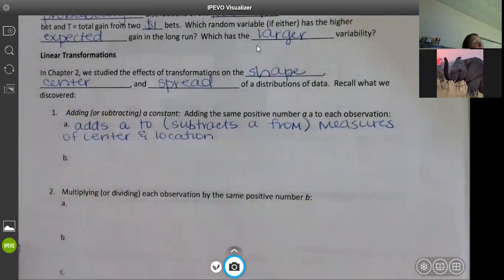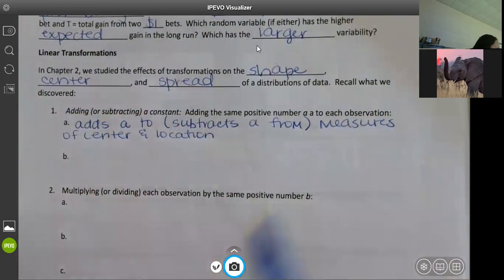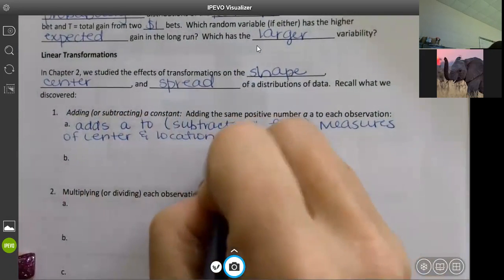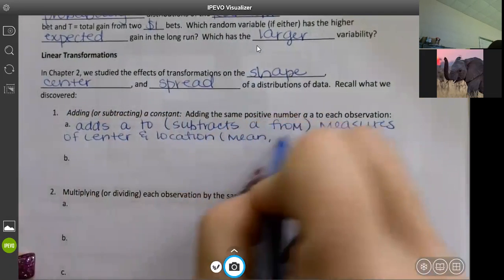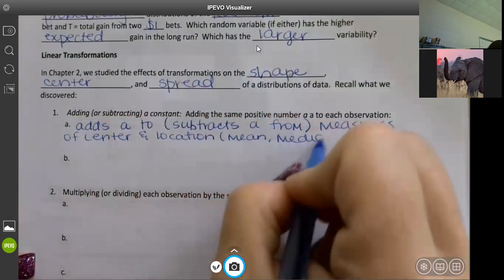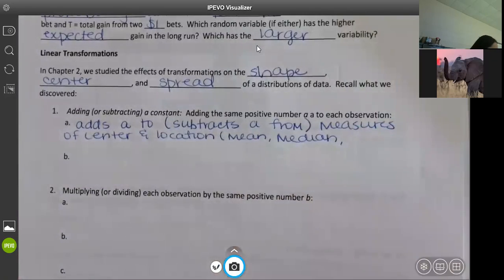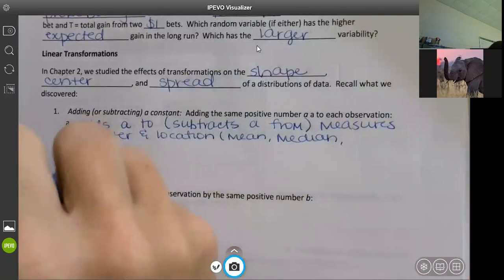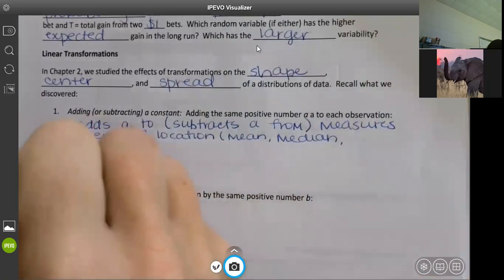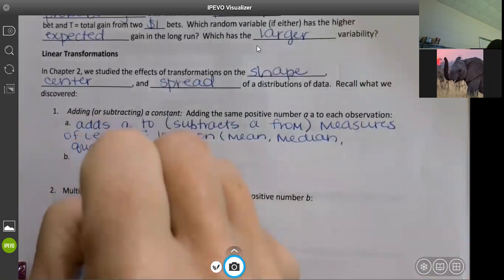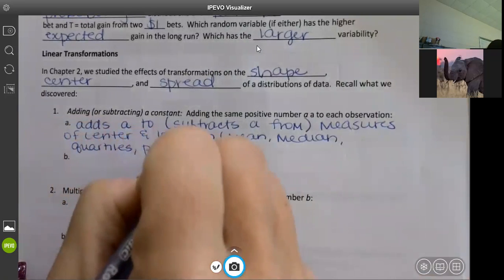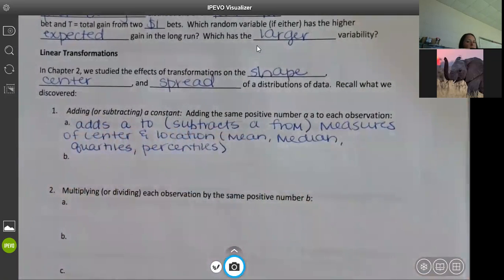And remember those measures of center and location that this will affect: mean, median, quartiles, and percentiles. So mean and median are your measures of center, and quartiles and percentiles are your location.